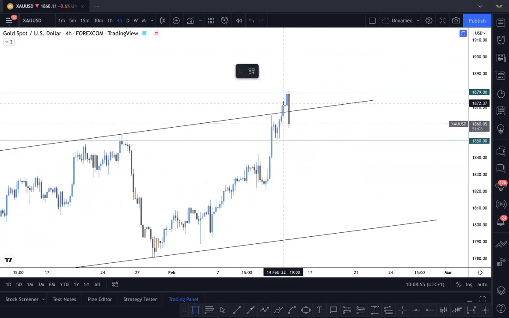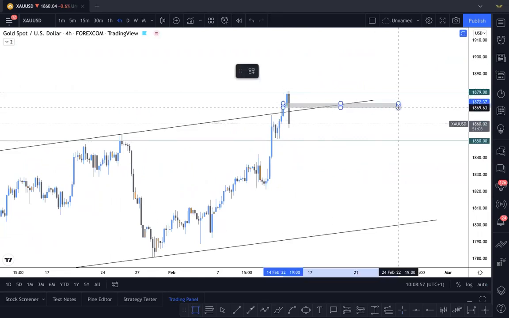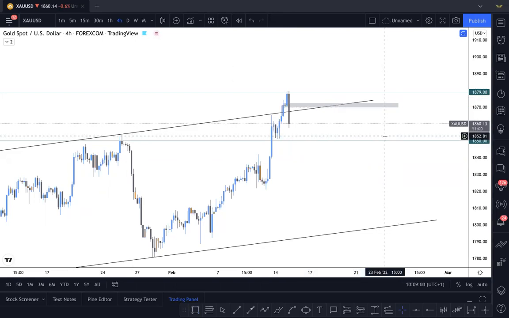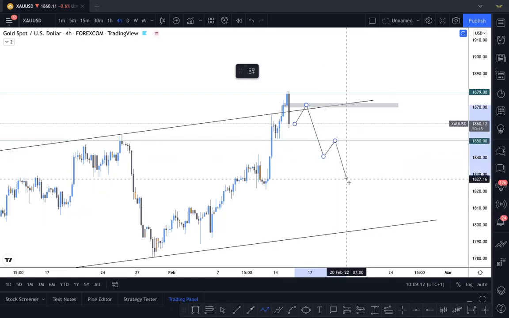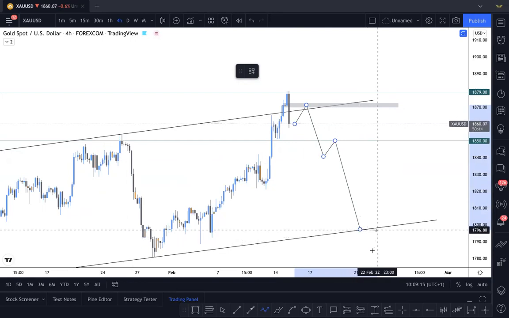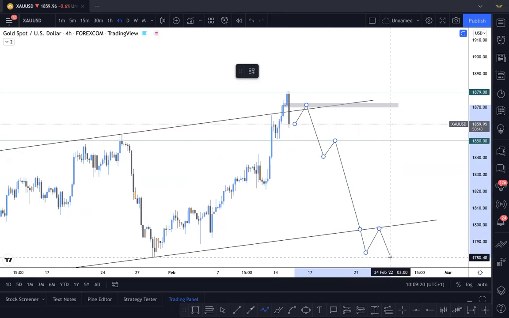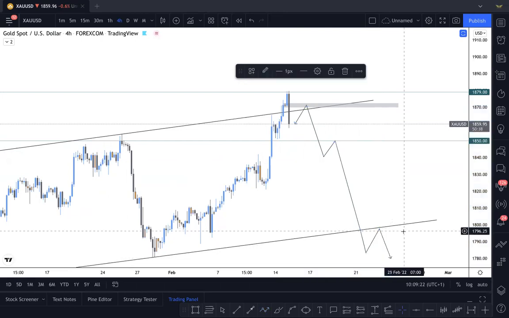Now the retest of that level will give us a significant good entry, and a break and retest of that level will confirm the major sell right down to that trend line. And if that trend line breaks, then it's a rainfall on gold, right?